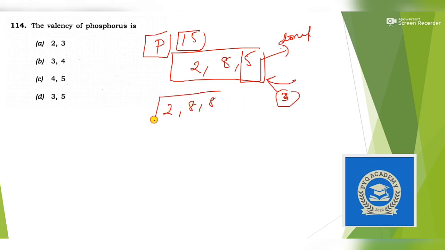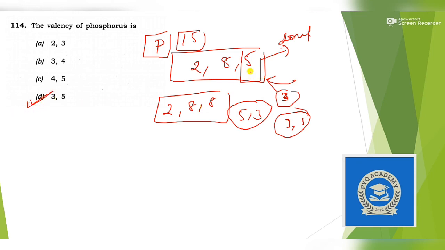So 5, 3 or 3, 5 should be the correct option. Answer is option D. It can lose 5 or it can gain 3 to make its outer shell full.